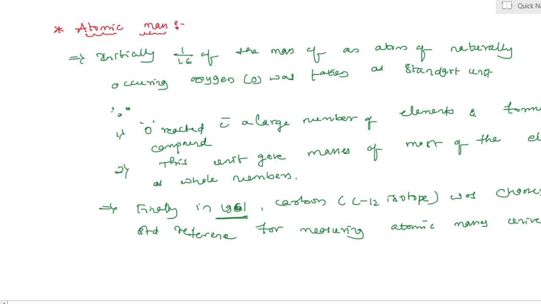Yes, my dear students, nowadays we use carbon-12. Carbon-12 is the standard isotope, but at the initial stage 1/16 of oxygen was used as the standard unit.